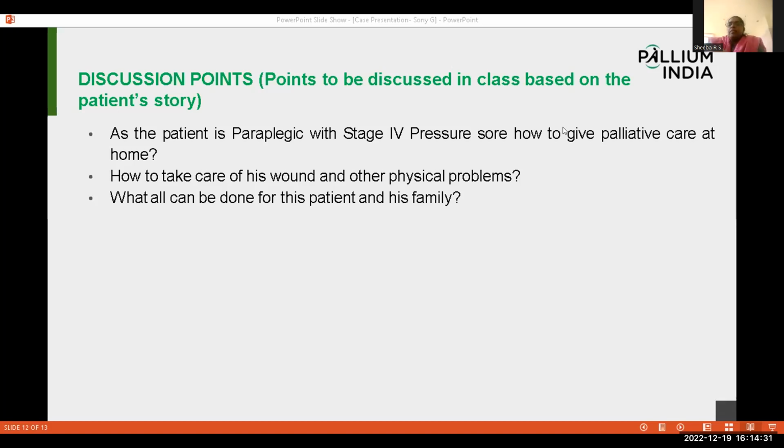It is better to consult a surgeon and go for a surgical opinion. The best option is surgical management. And if they are not willing to undergo the surgery or the slough cutting, then you can manage with maybe metronidazole powder, that kind of thing.